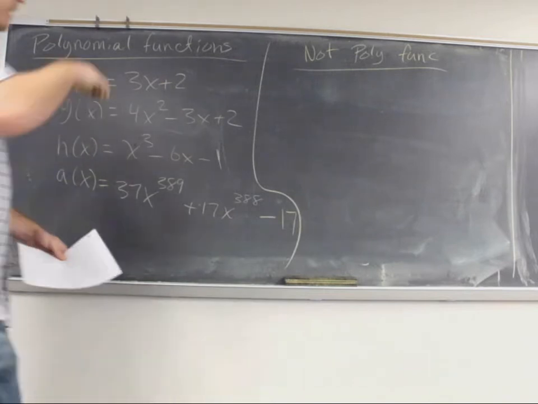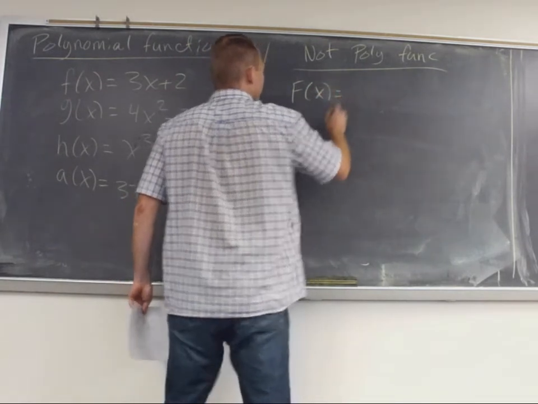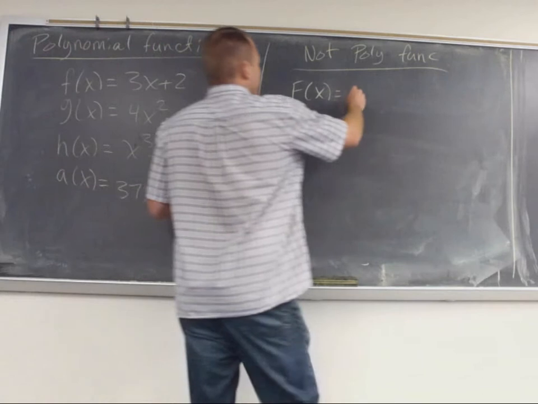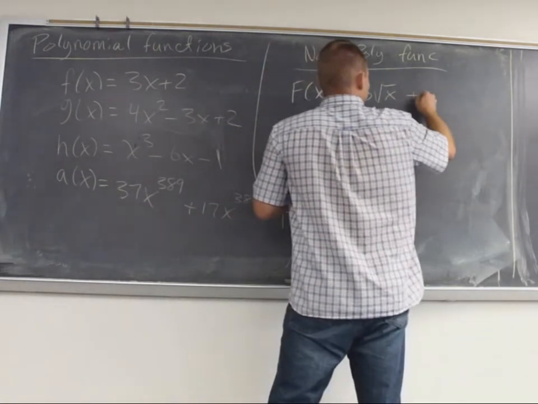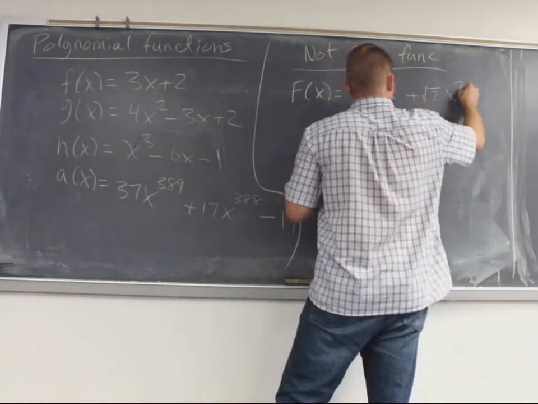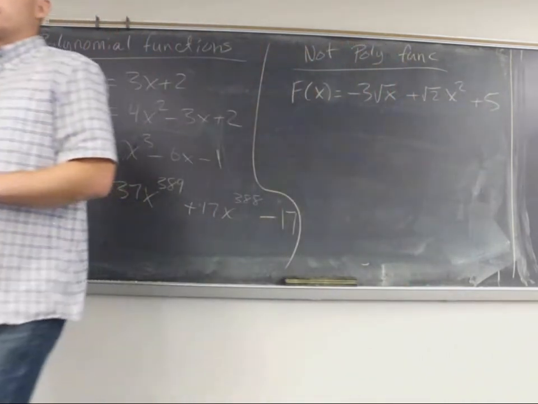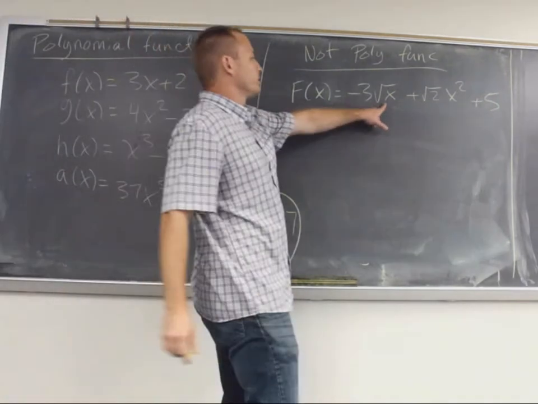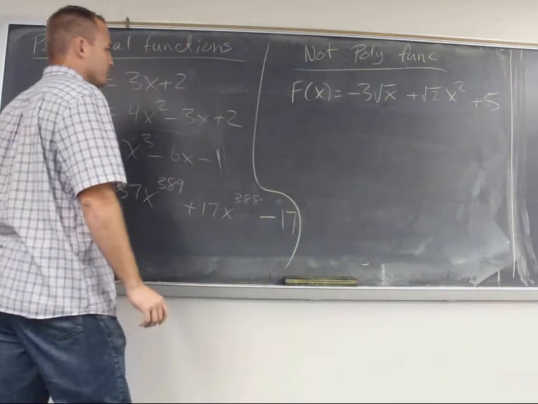And all those are kind of the same. So f of x, let's say capital F, we'll make this not. If you have negative 3 times the square root of x plus the square root of 2 times x squared plus 5, this is not a polynomial function, and it's because we have this square root here. You can't have your variable under a square root and be a polynomial function.